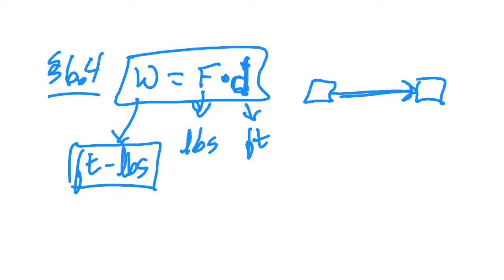So that's when we're having that force in the same direction. But that doesn't always have to be the case. What happens if we have a force pushing down on this at an angle?